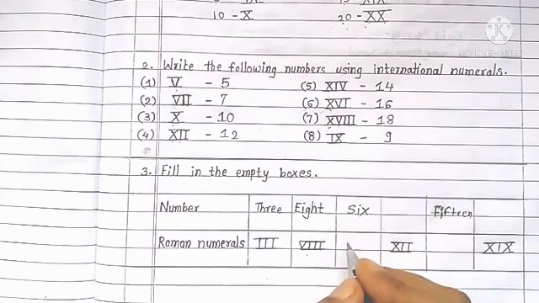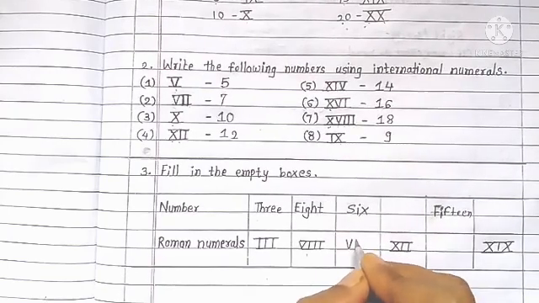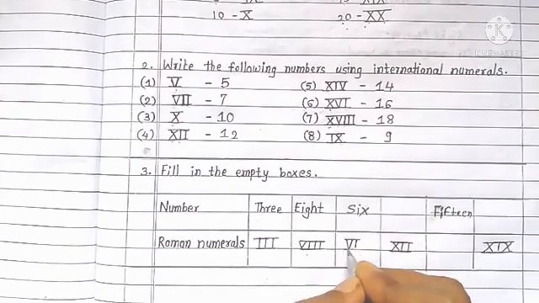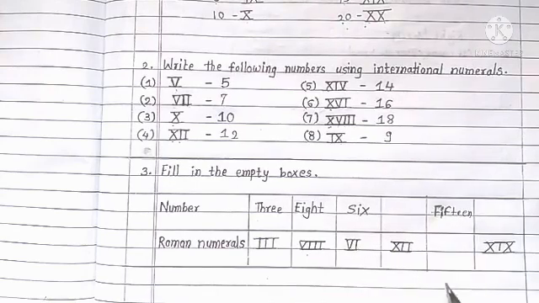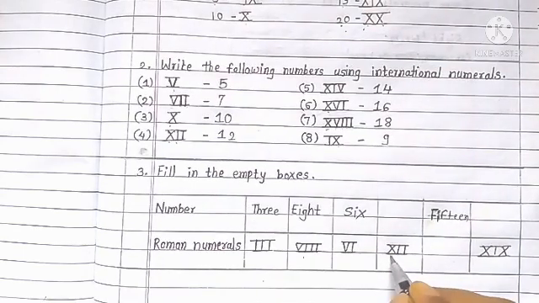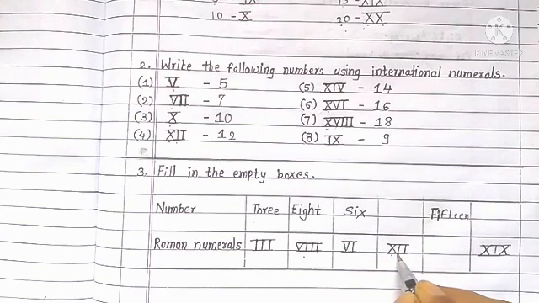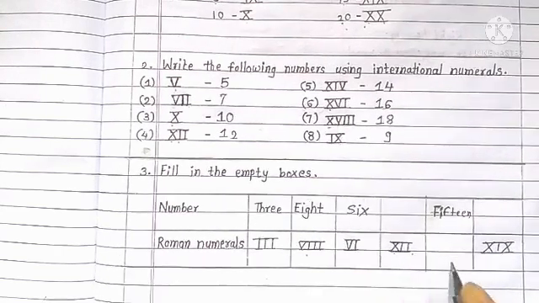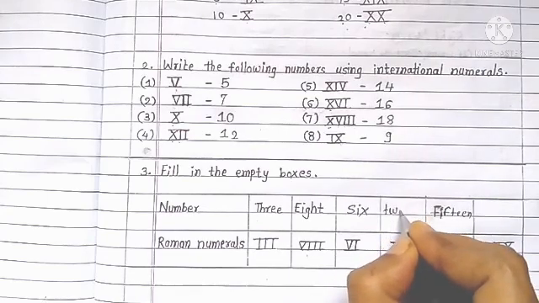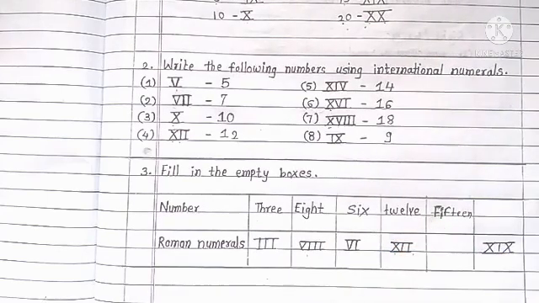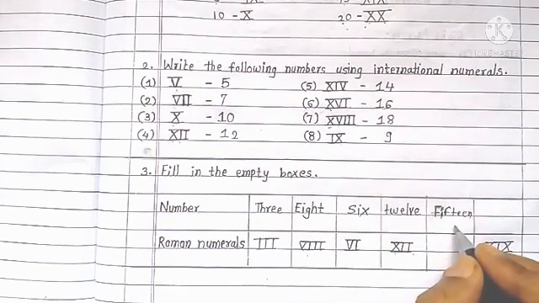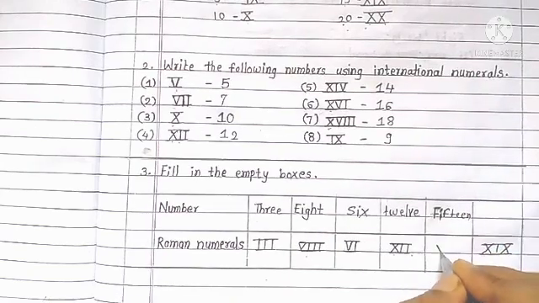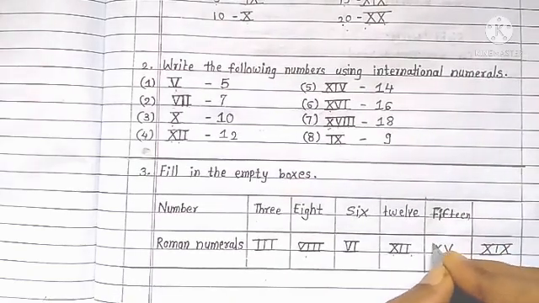Then VI means V plus 1, 5 plus 1 is 6. Then next is X means 10 plus 1, 11 and then 12. Then 15 means 10 plus 5.